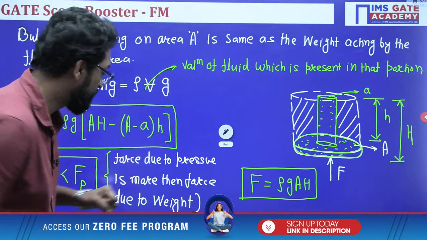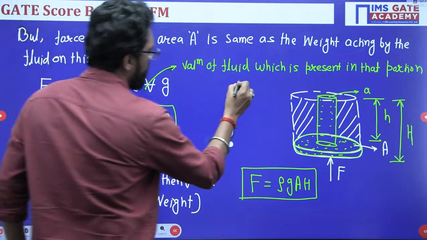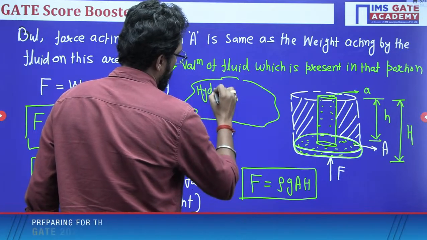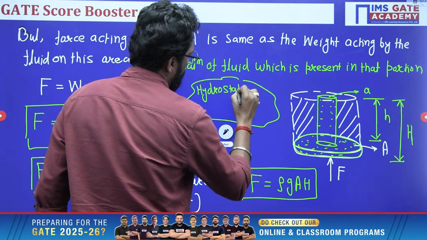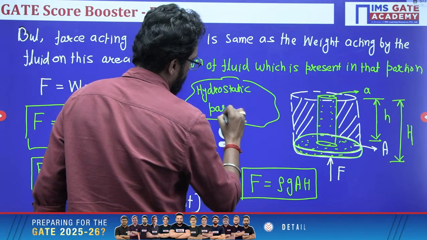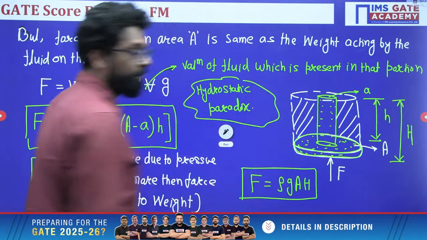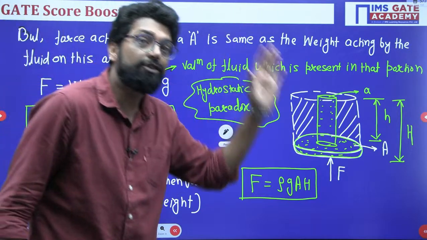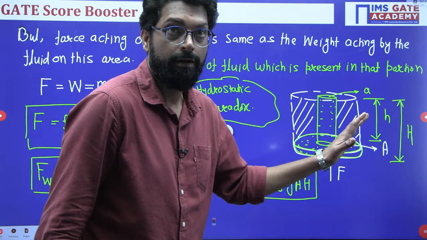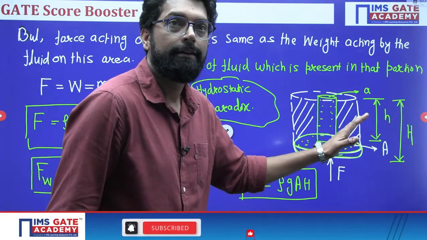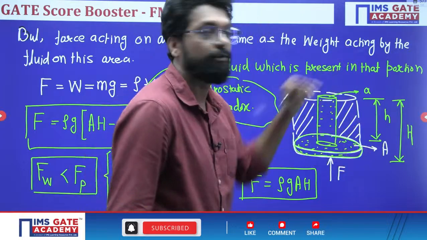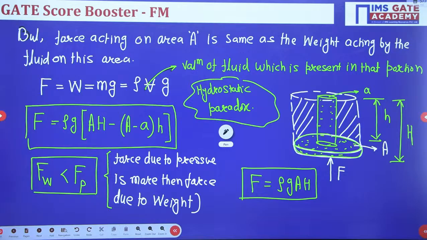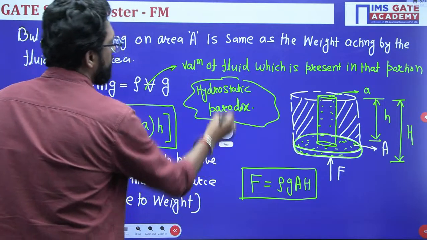What is called hydrostatic paradox? That means if you calculate the hydrostatic force, just apply rho, g, h, with h from the free surface. That's it.